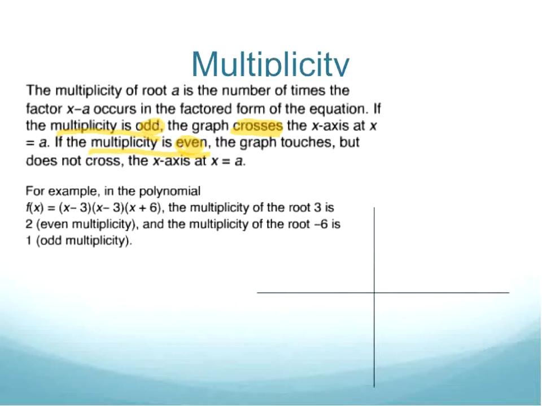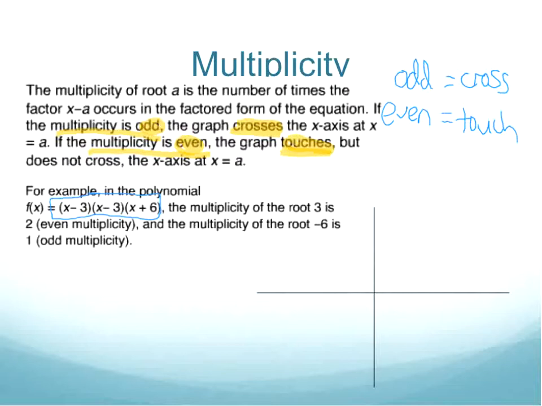If the multiplicity is even, it touches the graph. So kind of in my own words, I would write odd equals crosses, even equals it touches. And you're going to get the hang of this really fast.